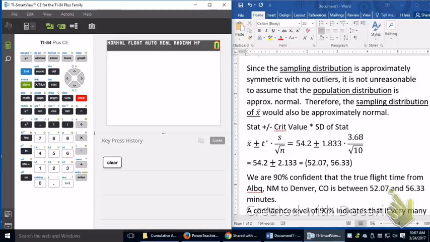I had another student ask why I'm still using a t-distribution if I'm going to all this trouble to show that my sampling distribution of x bar is approximately normal. So here's my best explanation of that. What this is based on is the actual sampling distribution of x bar, which does need to be approximately normal.